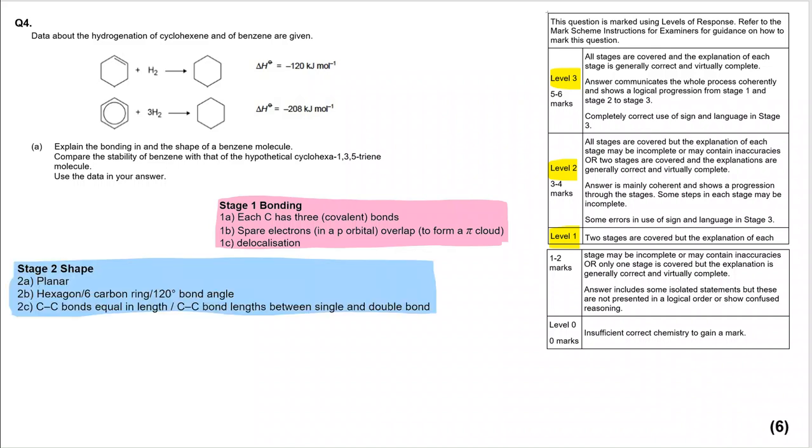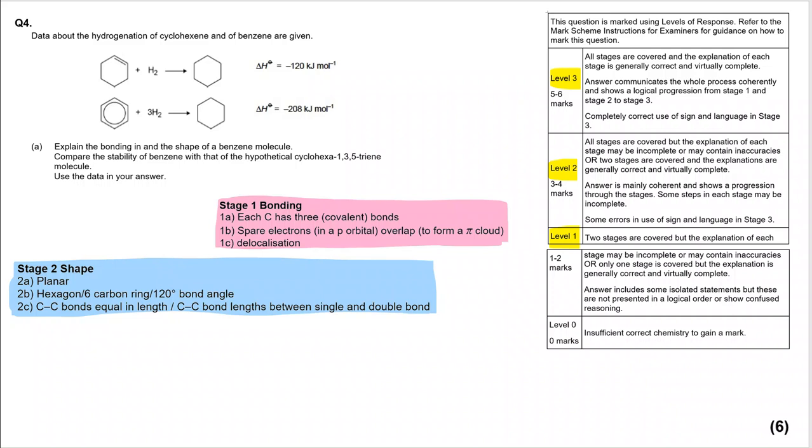Stage 2, you need to talk about the shape. So it is a planar shape because there are 3 covalent bonds. It's trigonal planar about each carbon. And that would take us to a bond angle of 120. It would also be important to talk about the fact that the carbon-carbon bonds are equal in length. That's because when you're looking at justifications for the structure of benzene, we know that carbon-carbon double bonds are shorter than carbon-carbon single bonds.